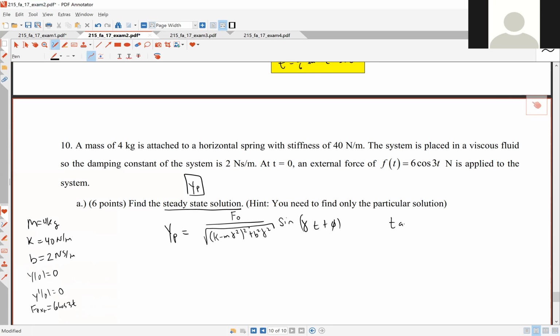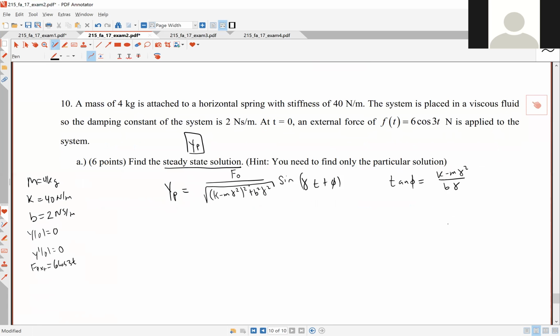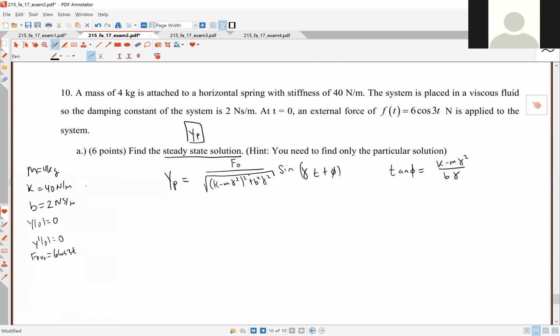The phi there is such that tan phi is equal to (k minus m gamma squared) over b gamma. So it's these pieces that I need to know. I need to know what k minus m gamma squared is, and I need to know what b gamma is.